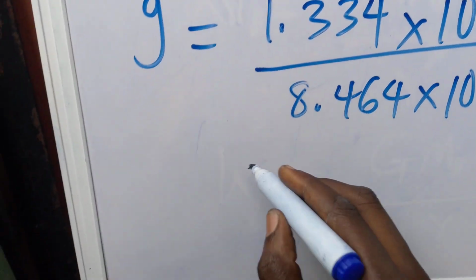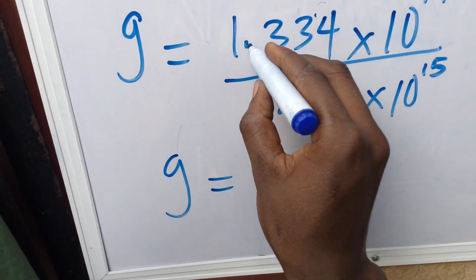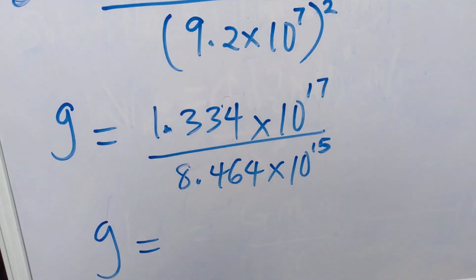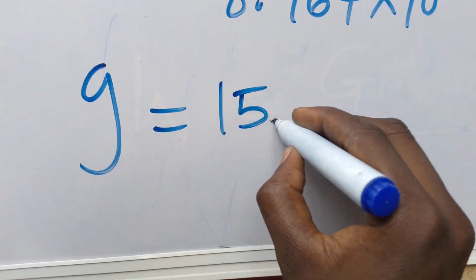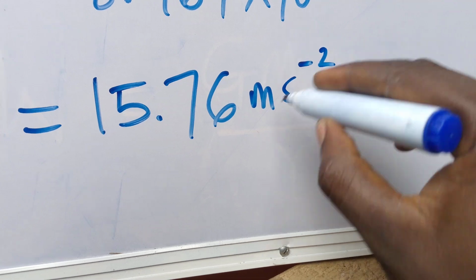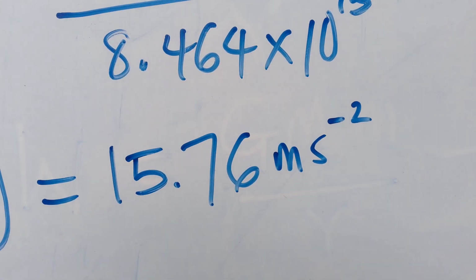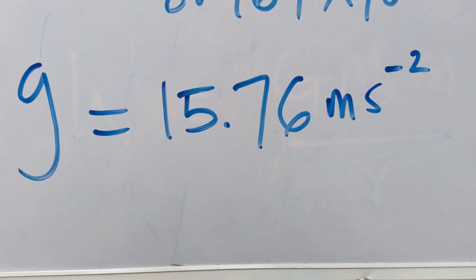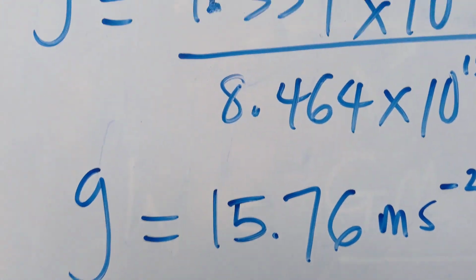When I divide these two, it will give me 15.76 meters per second square. That's the acceleration due to gravity on that planet.